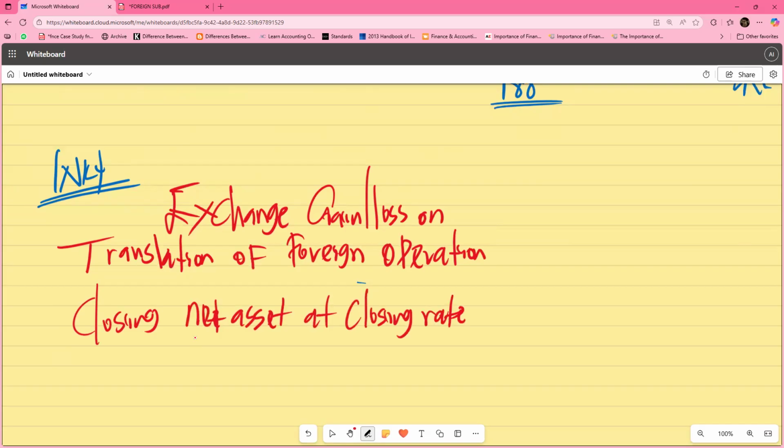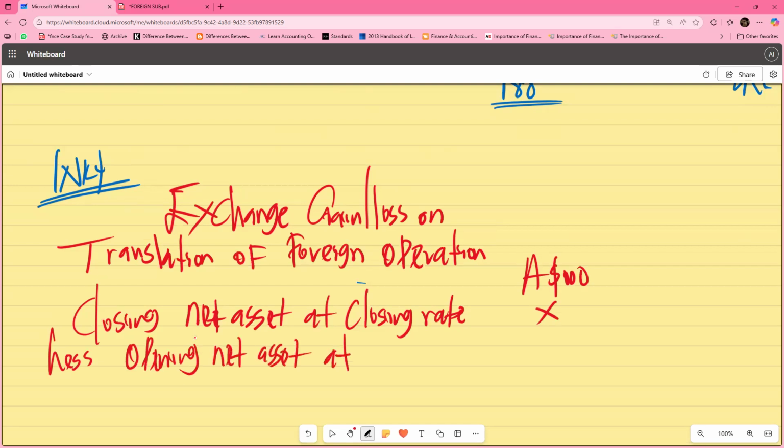And it will be in the parent currency. The next thing you're going to say is less opening net assets at opening rates.